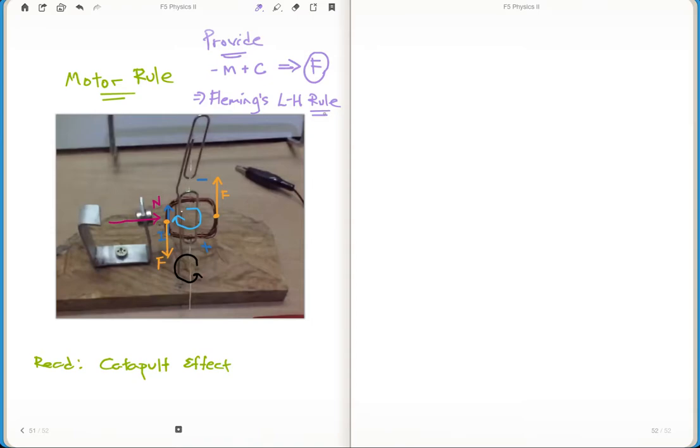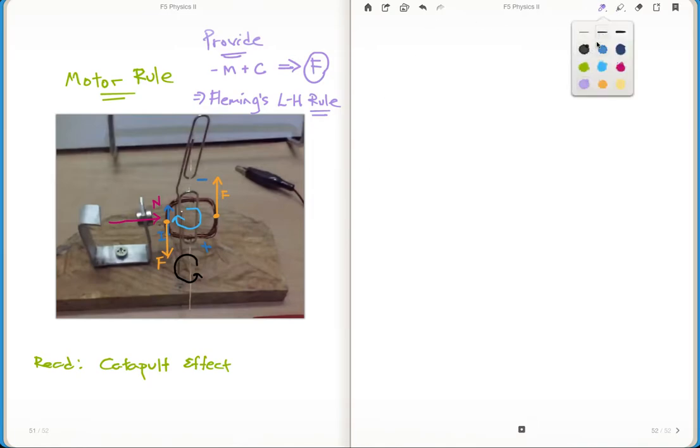Before we proceed to the next video, as a continuation from our first video, how about in some cases it is not a coil, but instead a straight wire?